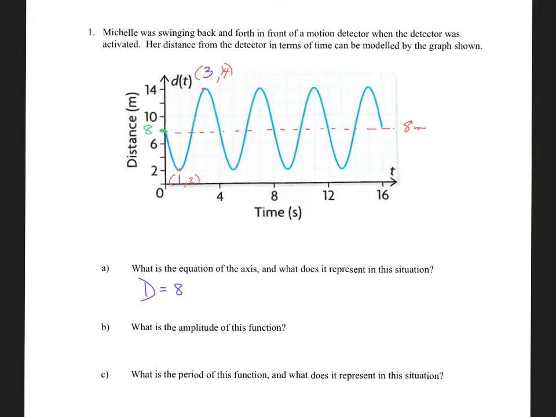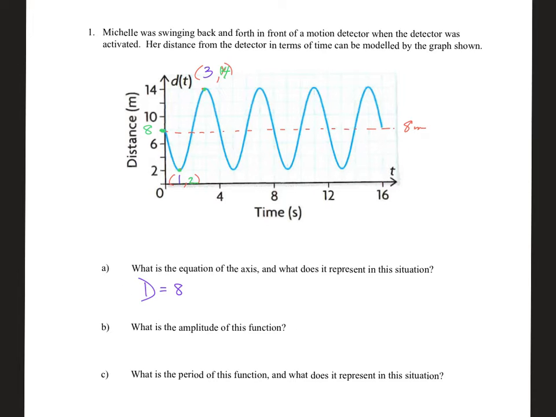She then swings and is 2 meters away from the motion detector. She continues to swing and then is 14 meters from the motion detector. We start to now have context to it.